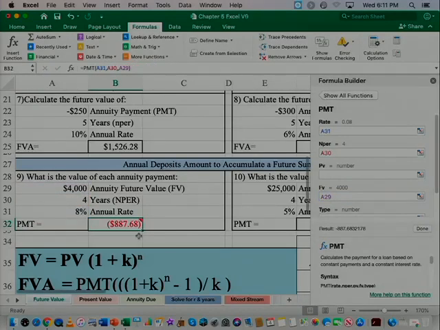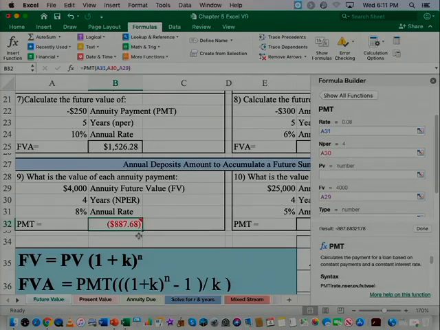I have to, now it's negative because it's a payment. So $887 a year is what I'd have to save for 4 years to have $4,000, and it shows up as a negative because it's a payment, and that's a cash outflow. Be careful, though, when you do the homework on My Finance Lab, because they don't accept negative answers for present value.